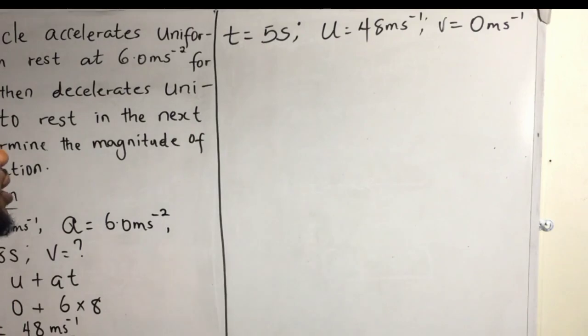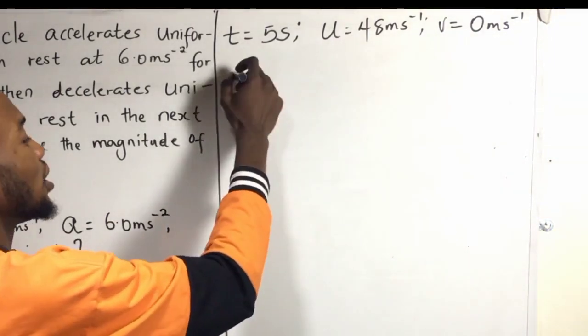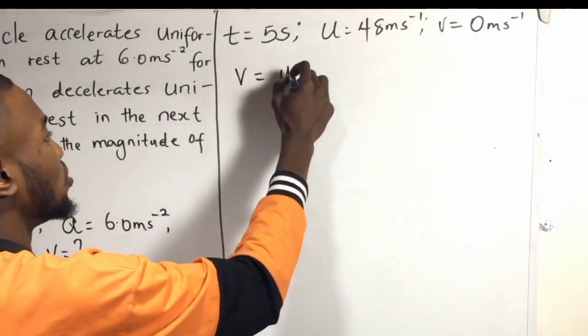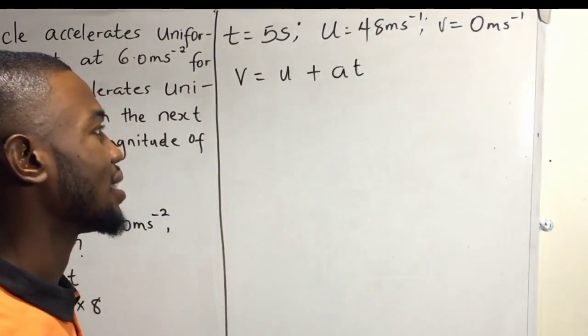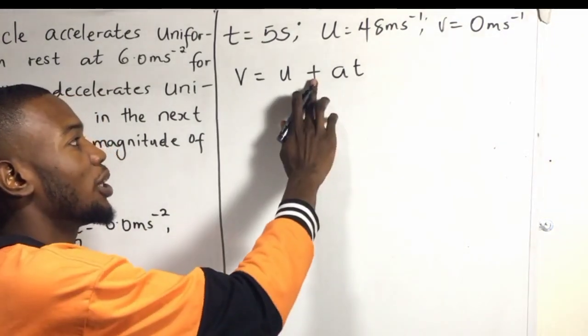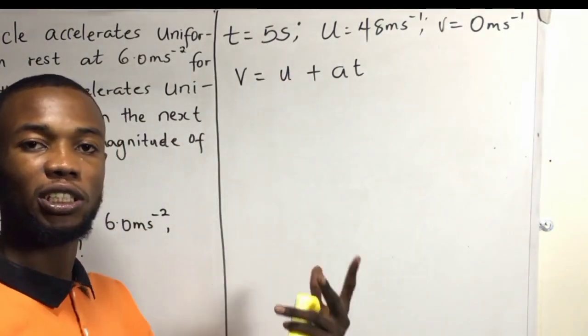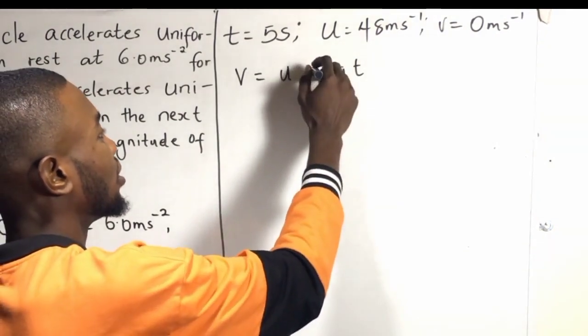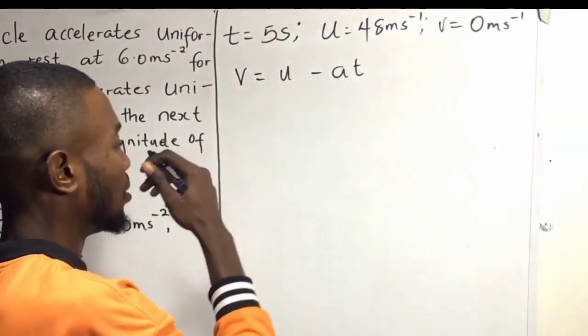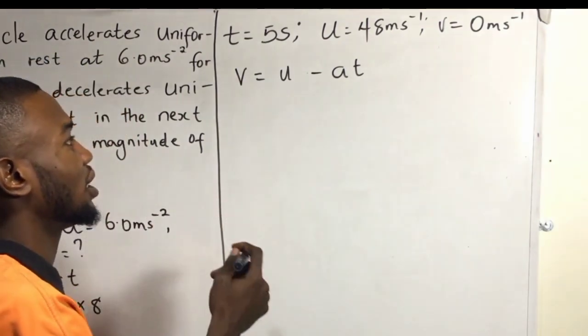Now, let's determine that. The best formula for this is also V equal to U plus AT. Since it's deceleration, we are not going to be making use of plus again because the body is decelerating. Now, it's going to be minus, because of the deceleration of that body.